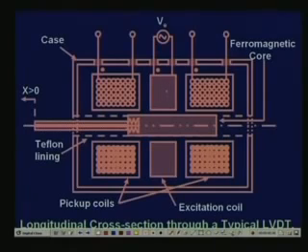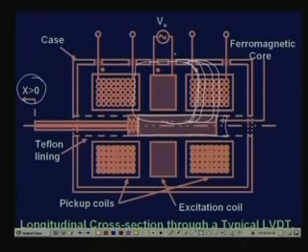This shows the construction. This is the primary coil, and these two are the secondaries. The flux passes like this. This is the core, which is connected to the motion. If the core is placed here, then the flux will link much of these coils.